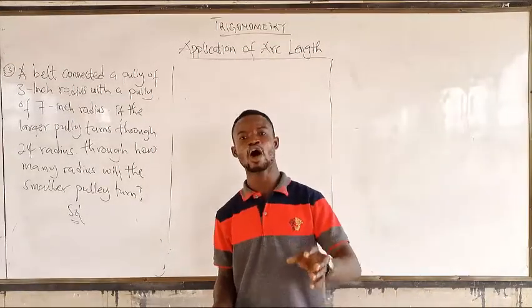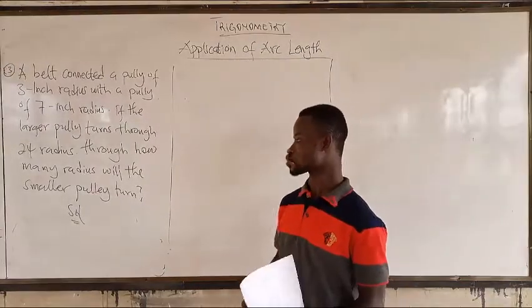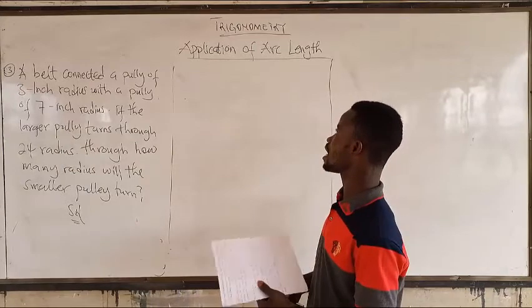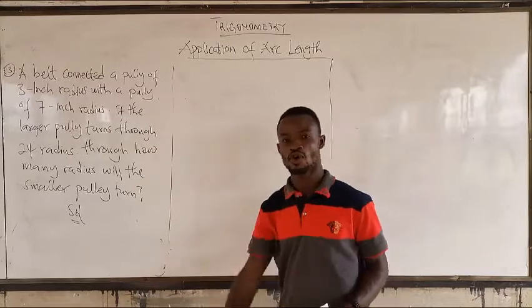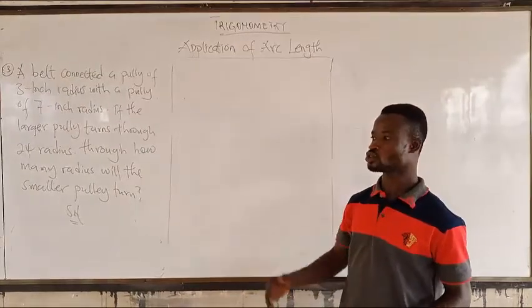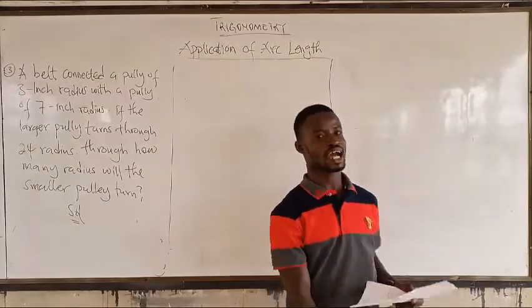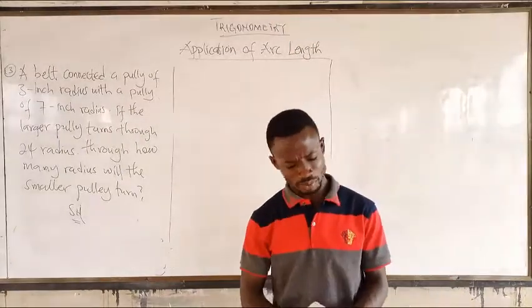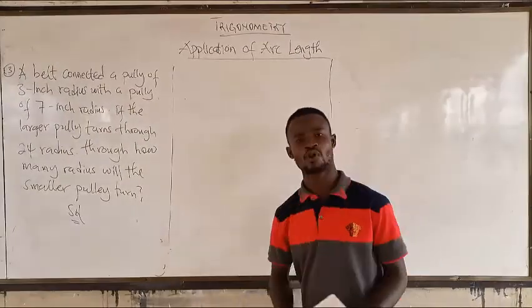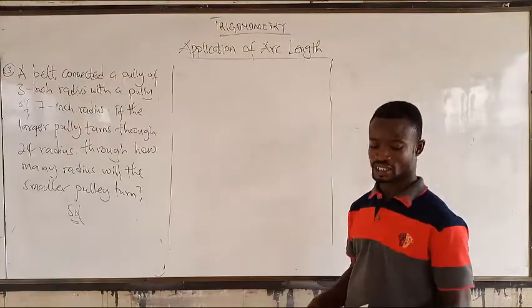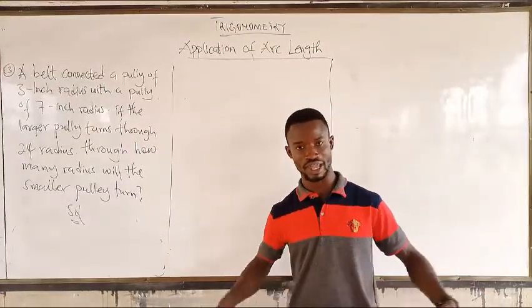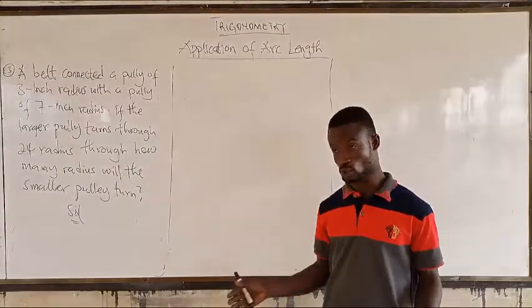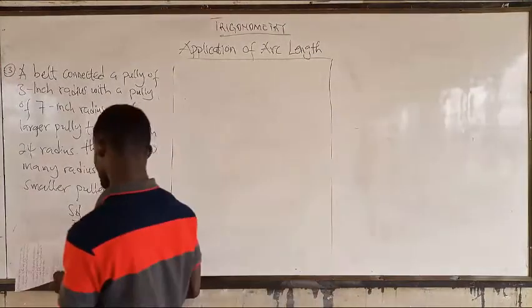So we need to equate the arc length for the smaller pulley to the larger pulley. Since the belt can't shrink or stretch, we can equate the two.